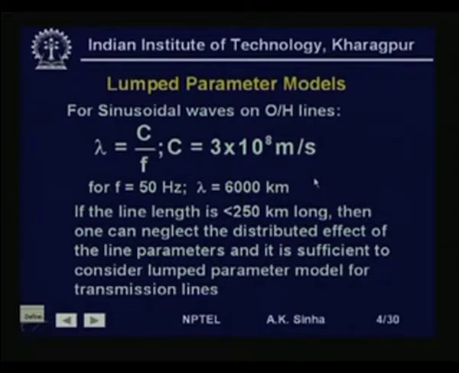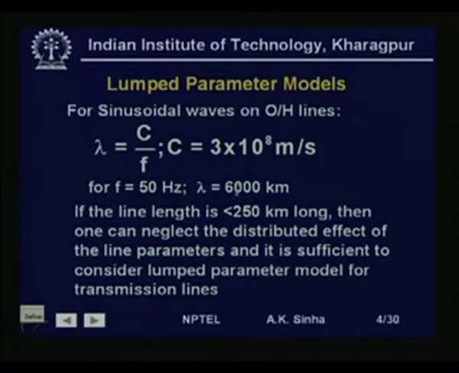That is, the wavelength of a transmission line at 50 hertz is of the order of 6000 kilometers. Since most of the transmission lines that we have are only a few hundred kilometers long, in most cases we can neglect the distributed parameter model of the line.